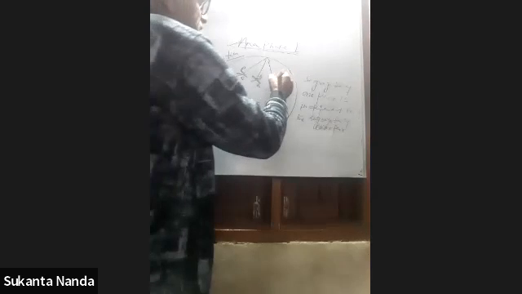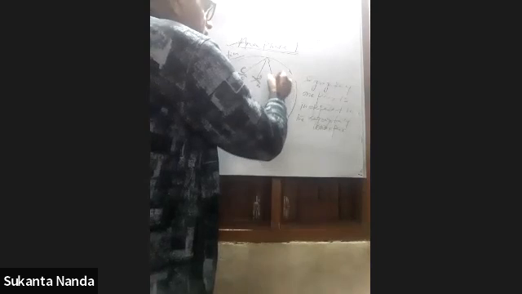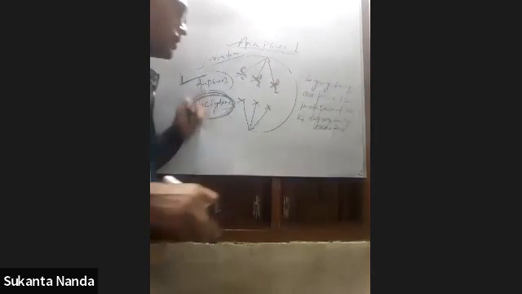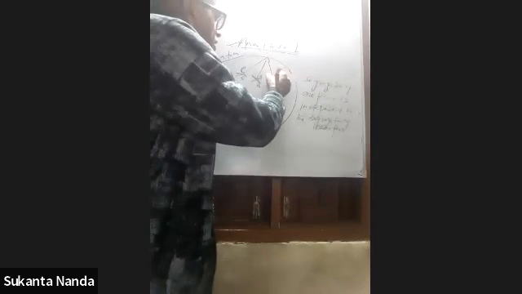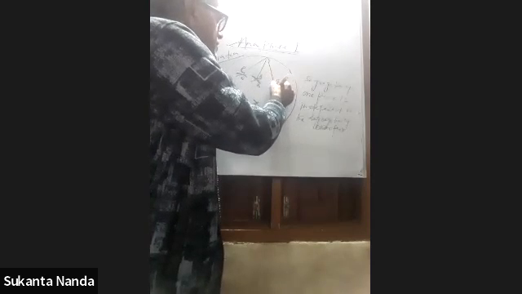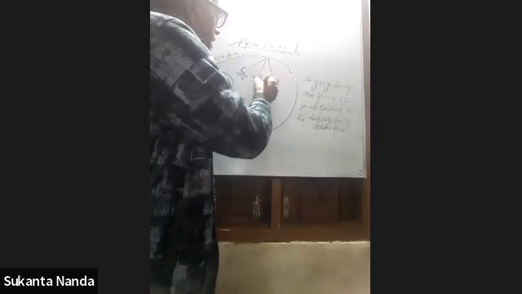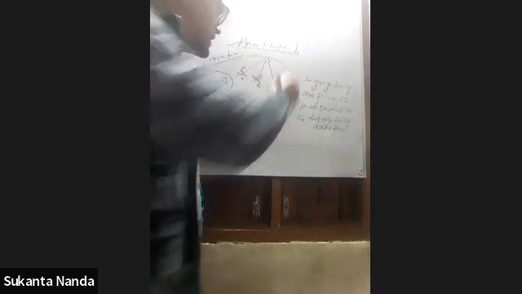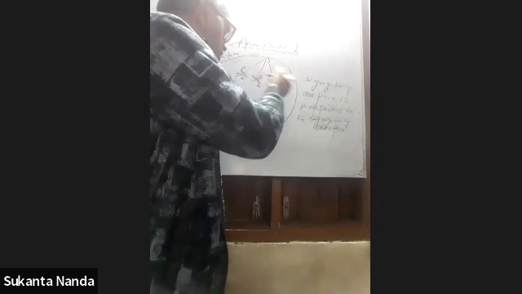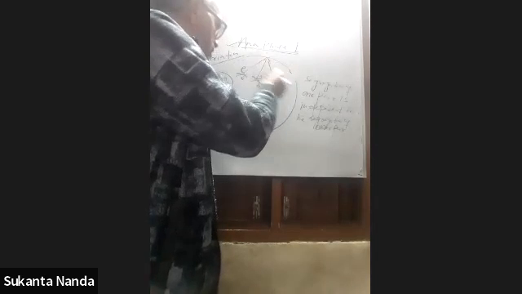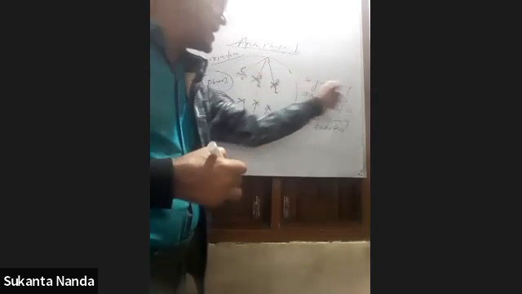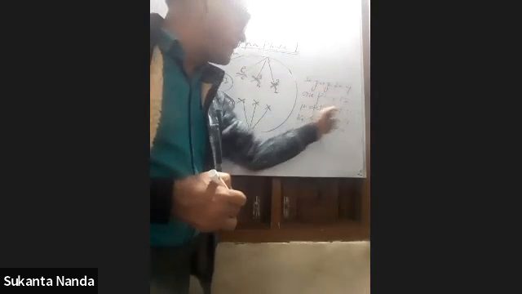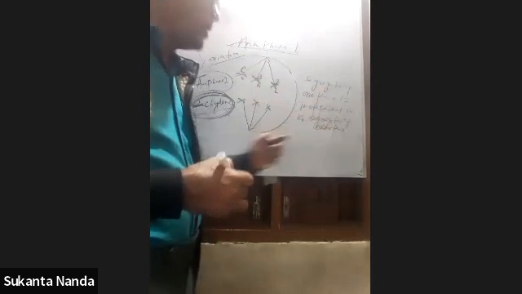So it is not a law that capital B can be taken only by small b, or capital A can take only small a, or capital C can take only small c. Capital B can take A also, capital B can take C also, like this. So segregation of one pair is independent of segregation of the other pair.